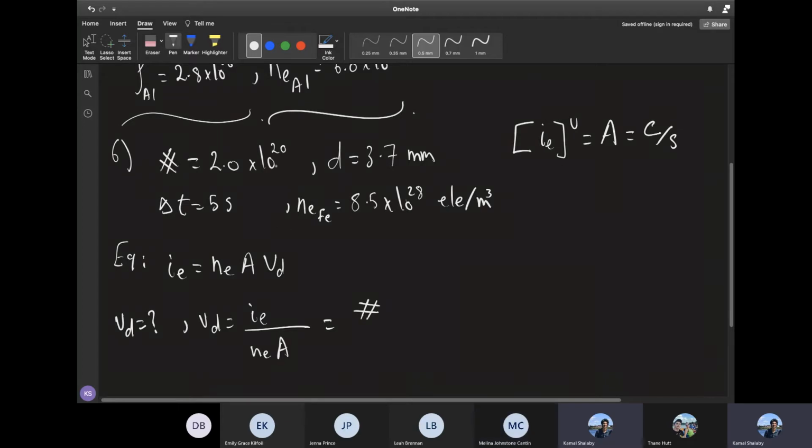So this is just a number, but again, the electron current represents the number of electrons per second, or the flow of electrons. So you have the number, but you're just missing time. So what to do? Oh, use the 5 seconds. Yes, indeed. So just divide by the delta t, over the n e A. And I think you're good to go.